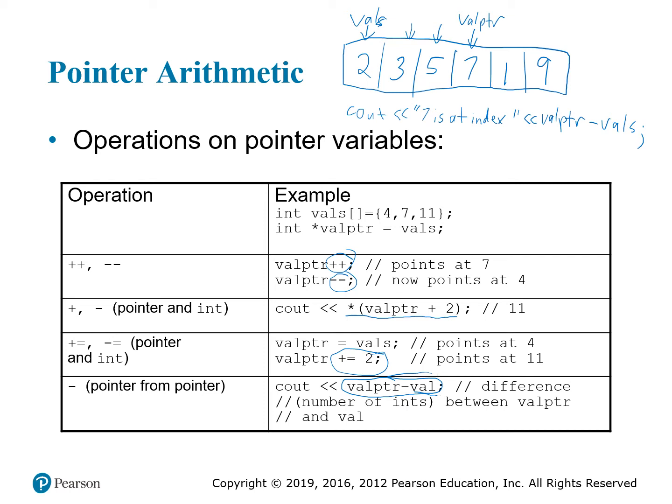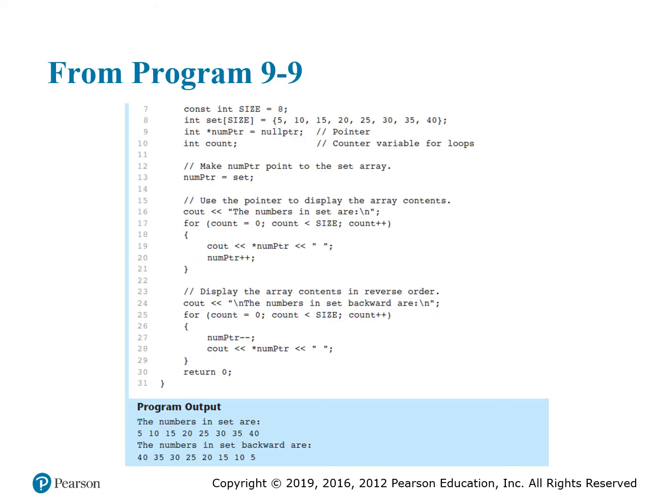Okay, and that would say that valPointer is pointing to 3 beyond vals, so it would print out index 3, which would be correct. So that is a way to do array searches without having to have an extra variable that tracks the index that you're currently at.